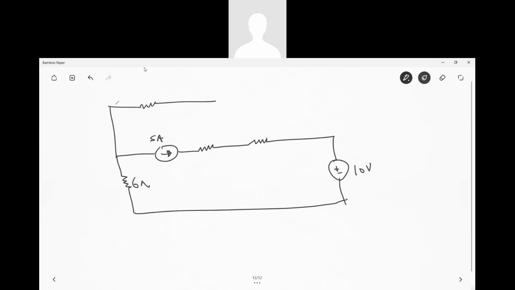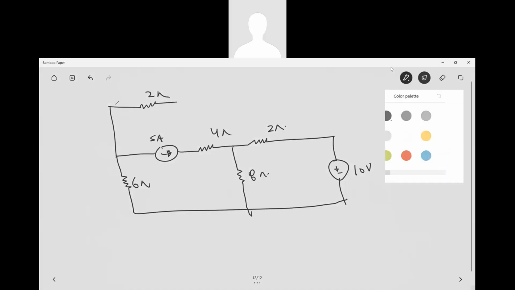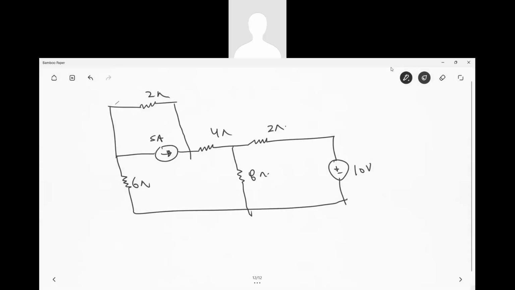Then 6 ohms, this is your 2 ohms, 4 ohm, 2 ohm, 10 volts, and between 4 and 2, I connect one 8 ohm resistor. This 2 ohm resistor, I am connecting via 3 I naught.